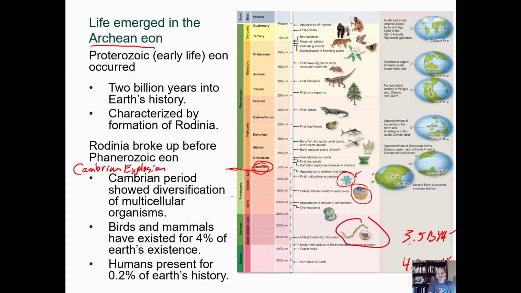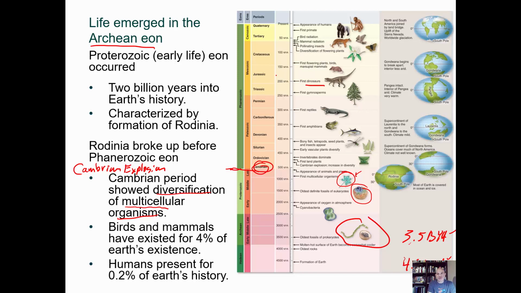It's called the Cambrian explosion because we have this massive diversification of multicellular organisms. And a lot of the multicellular organisms we see today can be traced back to the evolution that was occurring there. Now we progress further in time.